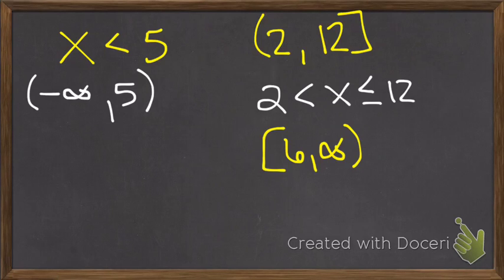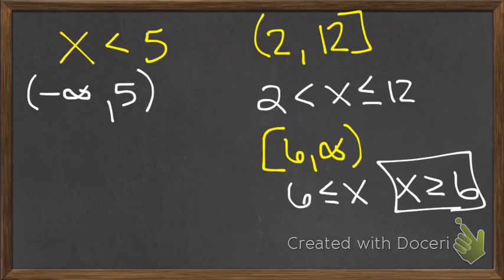I think I got it. I can live with that. How can I rewrite 6 is less than or equal to x? What's the equivalent inequality to that? X is greater than or equal to 6. Correct. That's what MathXL is going to want to see. 6 is the smallest because it's on the left of the interval, so we're greater than or equal to 6.